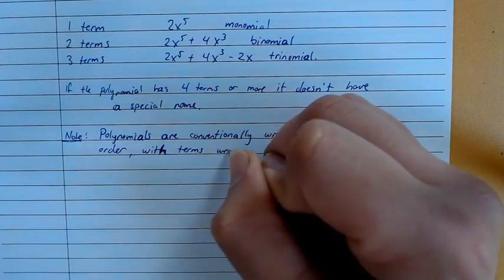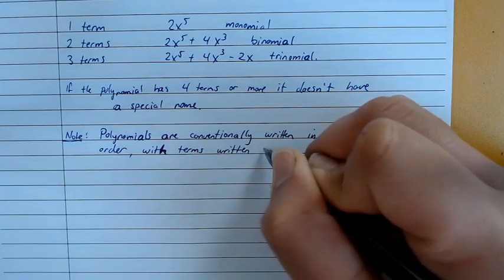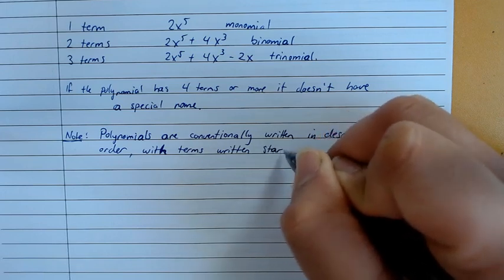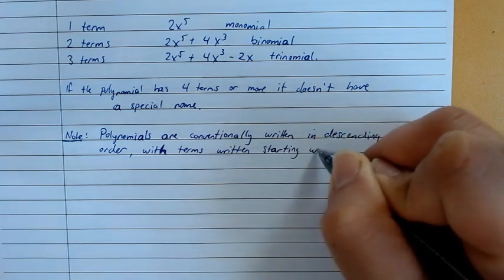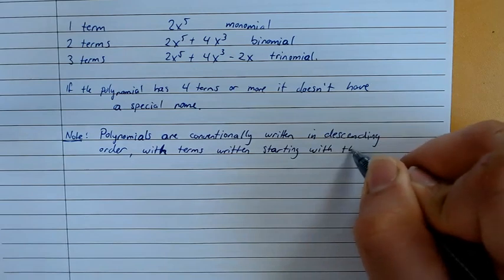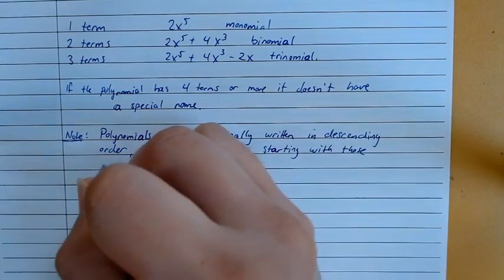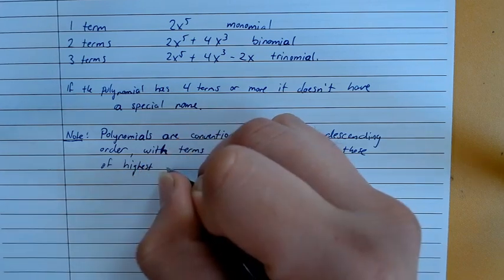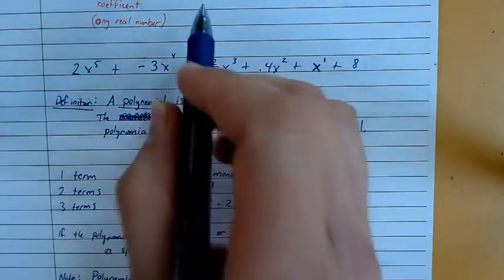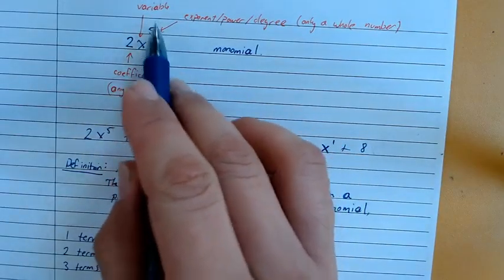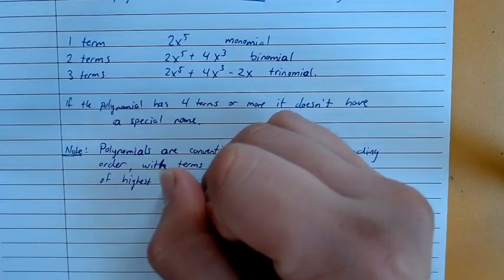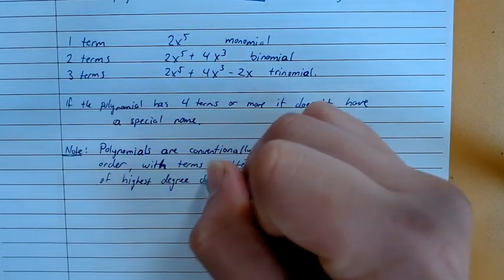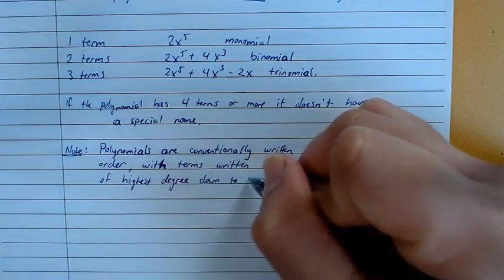With terms written starting with those of highest degree, highest exponent, highest power, whatever word you want to use, the biggest one of these, highest degree, down to the lowest.